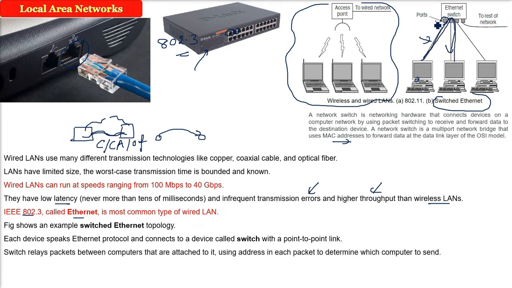This switch is relaying the packet. A packet is just a combination of bits, with a proper format, and the switch relays it to the computing device attached to it. In this packet, the address will be there. So the task of the switch is to determine where the packet is destined to be sent.